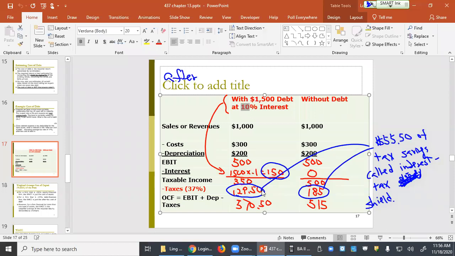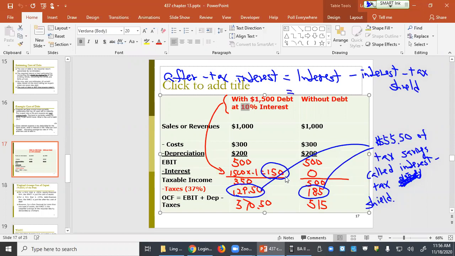So after-tax interest is the $150 of interest expense minus the interest tax shield. At the beginning, it may seem like we paid $150 of interest, but we saved $55.50 in taxes.